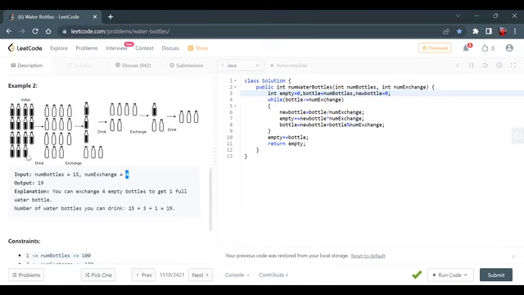Because in the 4th group, 1 more bottle should be there, then only we would be able to make num exchange number of bottles. I can empty only 12 bottles, because the rest 3 I am not able to get equal to num exchange.